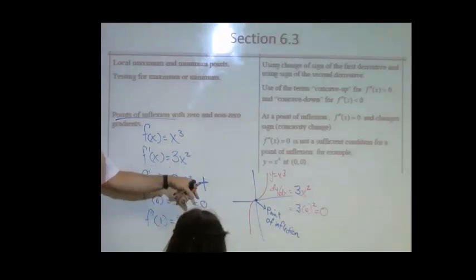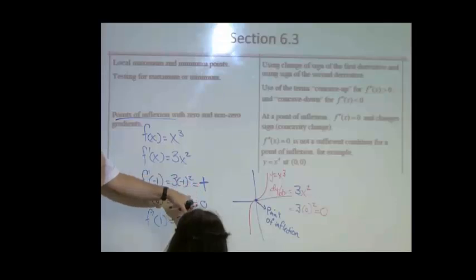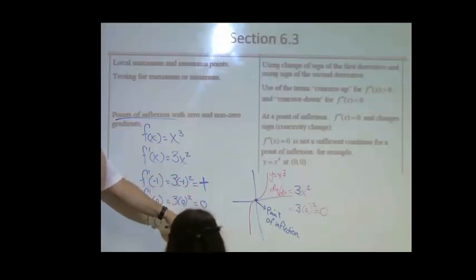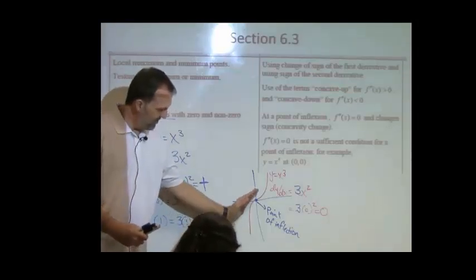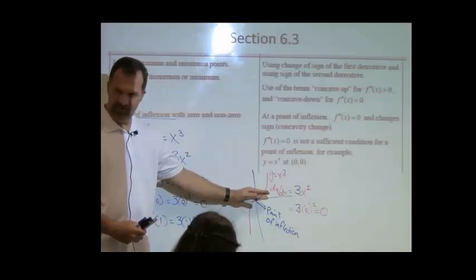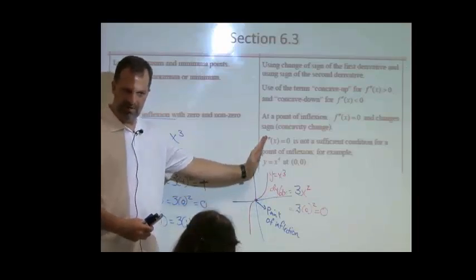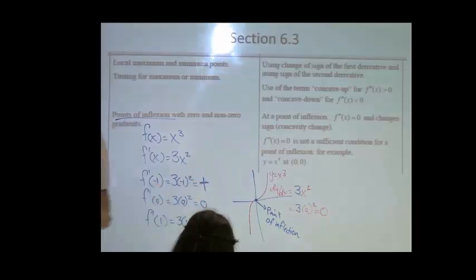To the left of it, it's positive slope, then 0 slope. To the right of it, positive slope again. And that's what makes it this idea of an inflection.